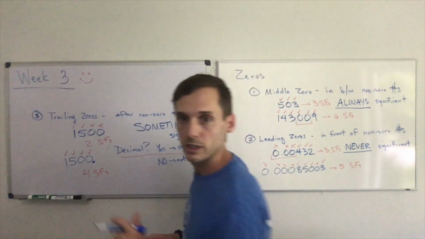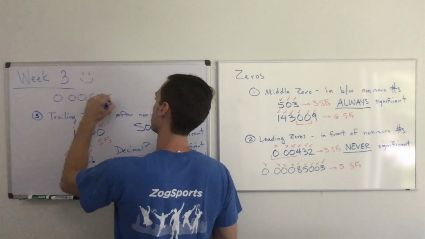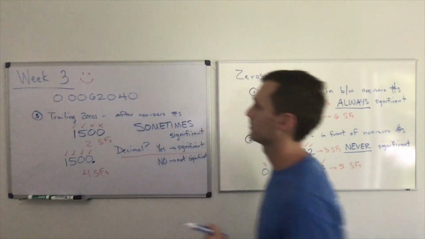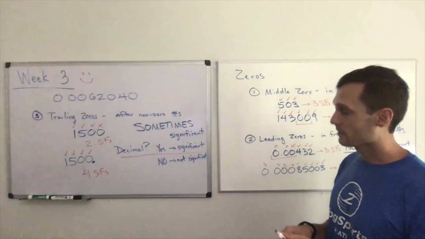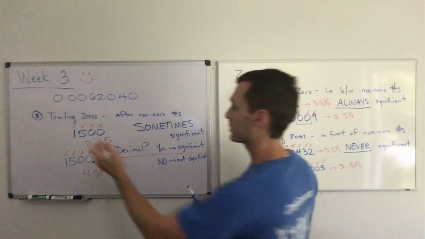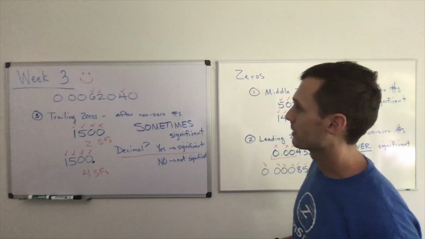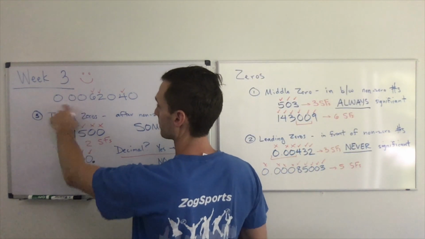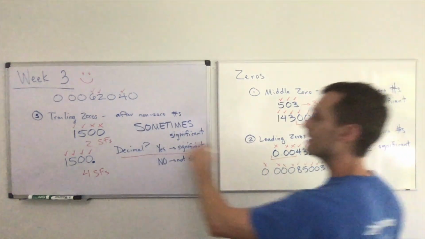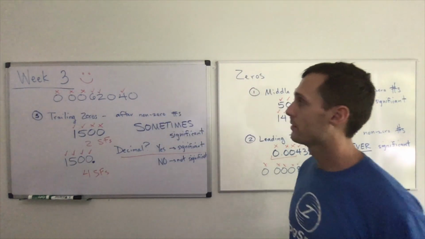Let's do 0.00624040. Okay, it's a long, ugly number, but let's figure out what we've got. First of all, non-zero numbers, always significant, so we got 3 of those. We'll come to the first zeros here out front. Those are leading, and they are never significant, so we don't count those.